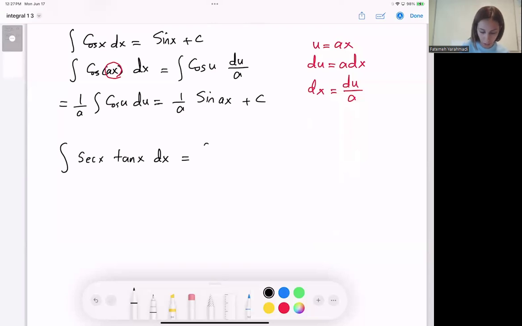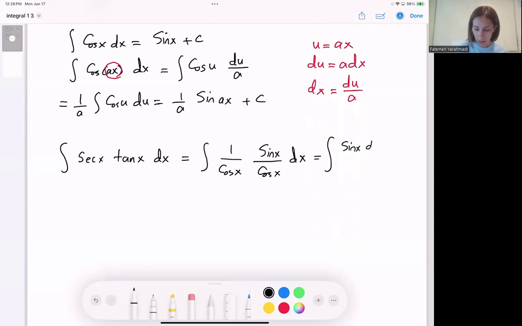This is the integral of secant, which is defined as 1 over cosine of x, and tangent is sine x divided by cosine of x, dx. Or in simpler form, this is the integral of sine x dx divided by cosine squared of x.